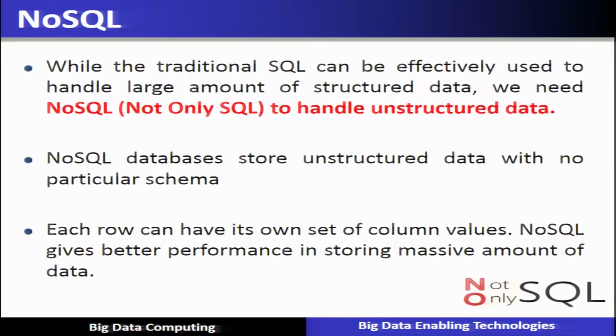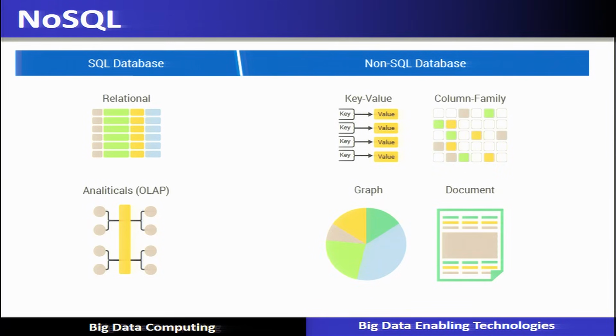So NoSQL is required to handle that information, because traditional SQL requires the data to be in a structured format. NoSQL databases store unstructured data also, where it is not enforced to follow a fixed schema, and the schema keeps changing dynamically. Each row can have its own set of column values. NoSQL gives better performance in storing massive amounts of data compared to the SQL structure.